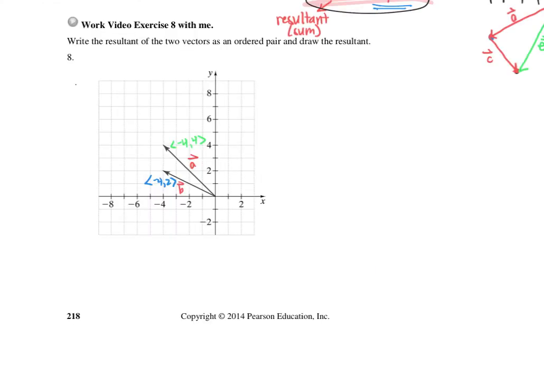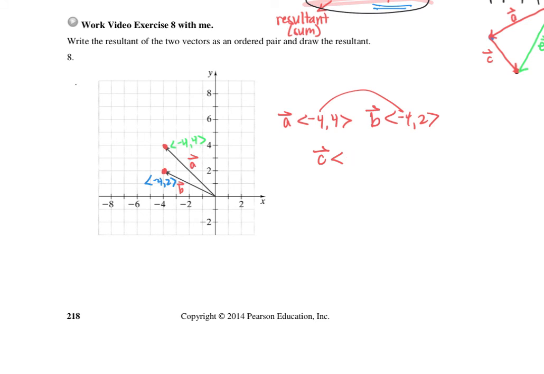All right, last example. So let's say you've got vector A here at negative 4, 4. And you did have to find those yourself. And let's call vector B here at negative 4, 2. And the question is, write the resultant of the two vectors as an ordered pair. So let's call the resultant C, vector C, and that is going to be negative 4 plus negative 4, which is not 0.